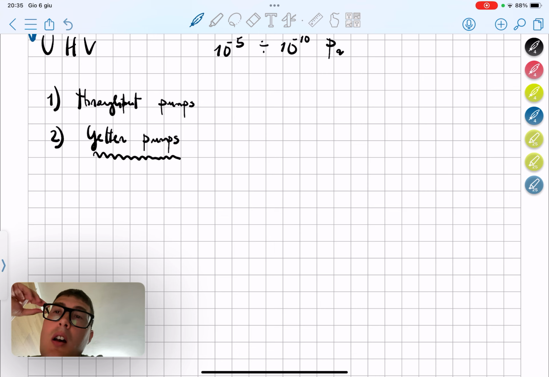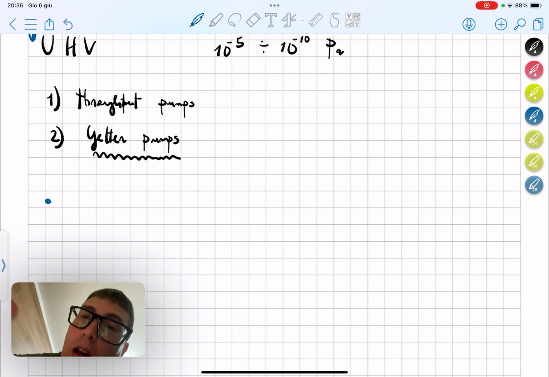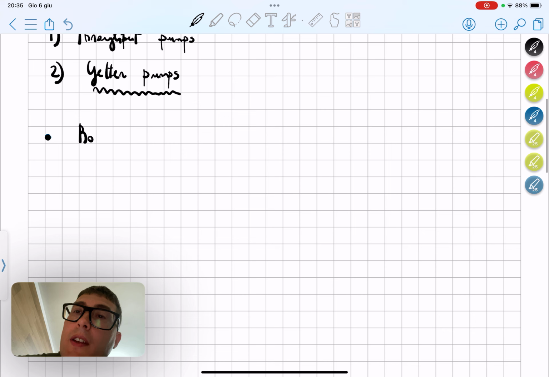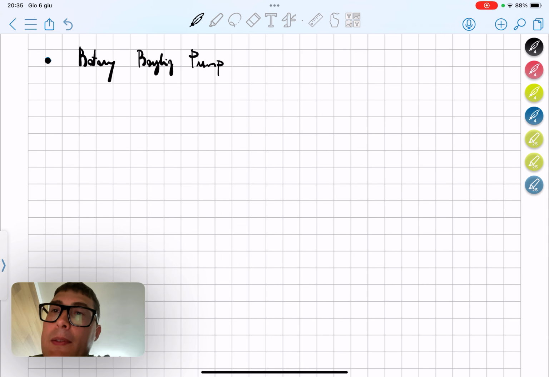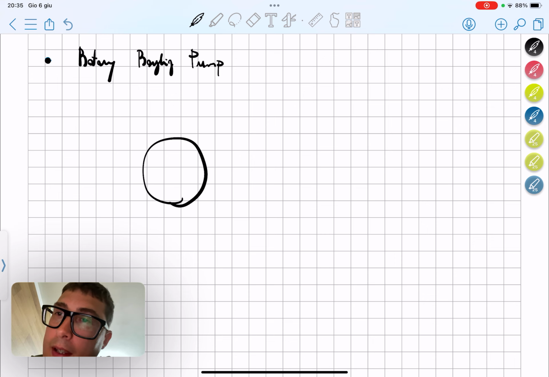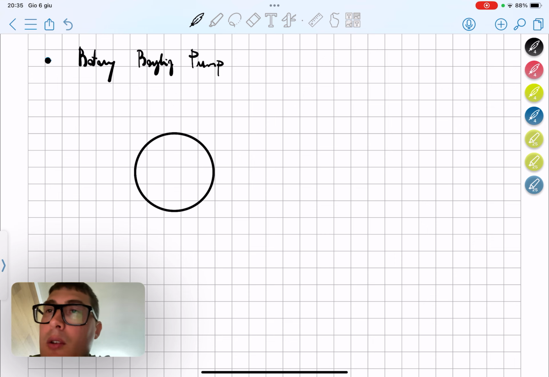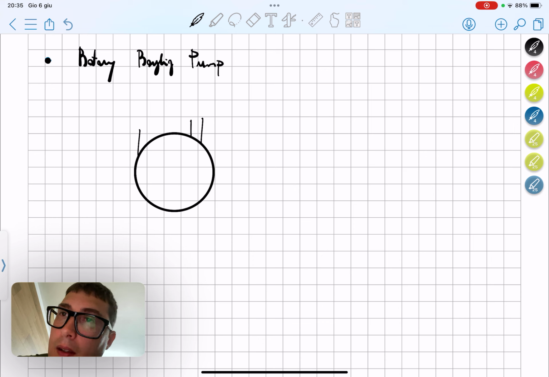But let's maybe start with one of the first category, which we can call the rotary roughing pump. This pump can be sketched in this way. Let me see if I can sketch it.